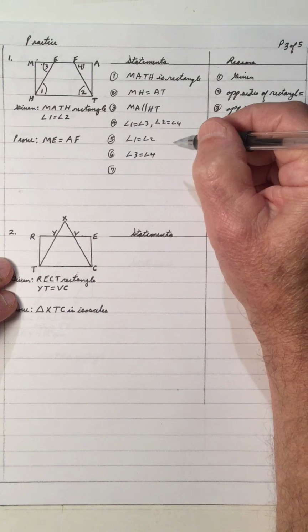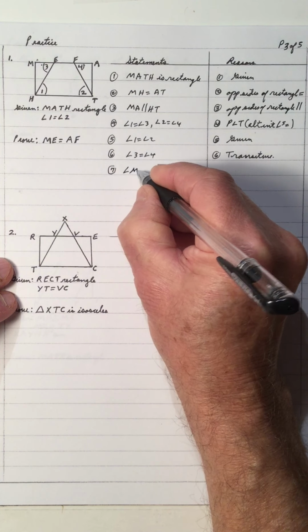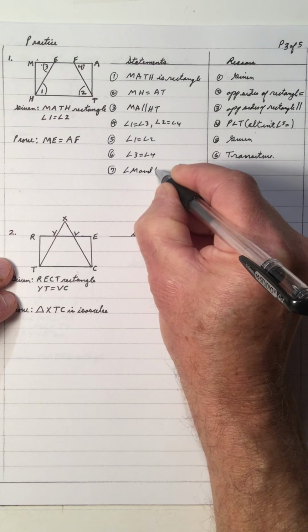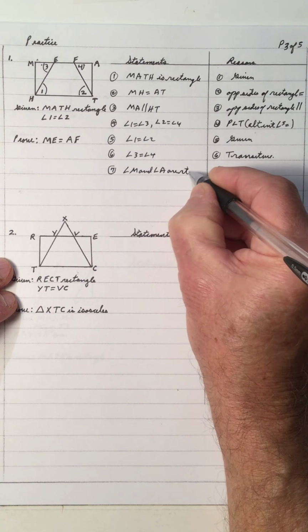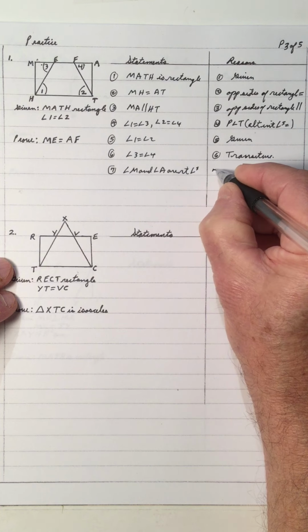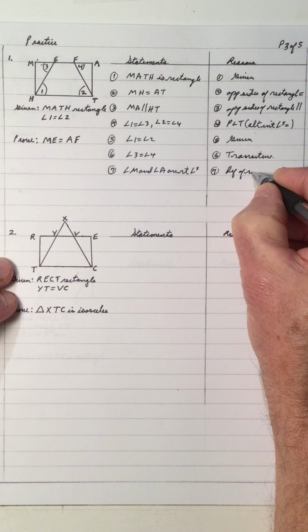We have opposite sides. We have angle M and angle A are right angles by the definition of a rectangle.